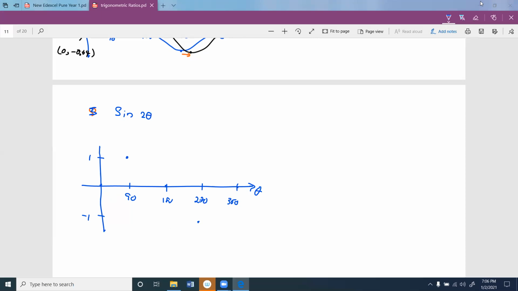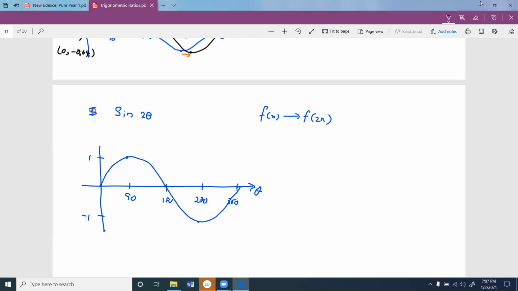Right. Okay. Then for the graphs, this blue one is the sine x graph, the sine theta graph. Then it turns up to 2 theta. This is just like f(x) turning into f(2x). What happened here is the opposite operation of multiplication by 2. That means all these x coordinates should be divided by 2.